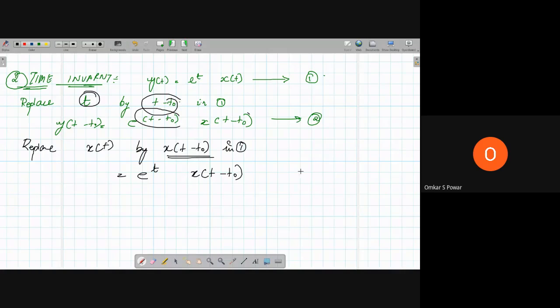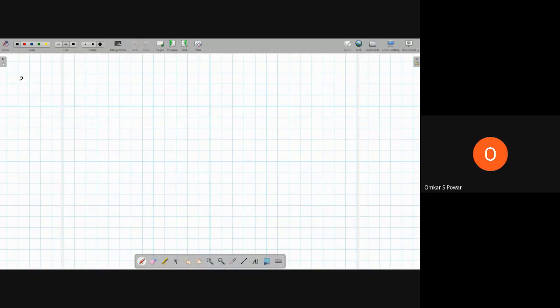So don't get confused. Whether 2 is equal to 3? No sir. Why? e power t minus t naught, and here you got e power t. So 2 is not equal to 3, therefore it is time variant.